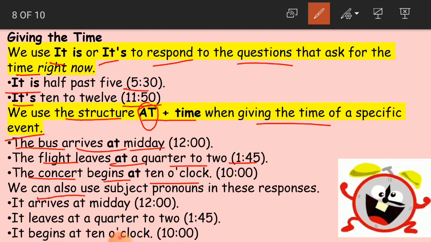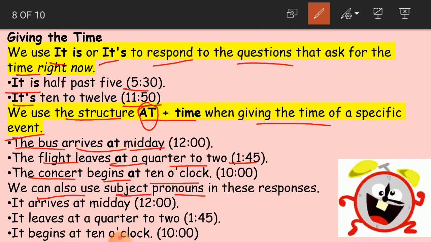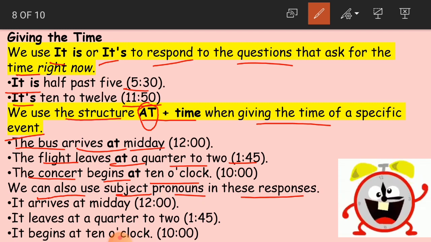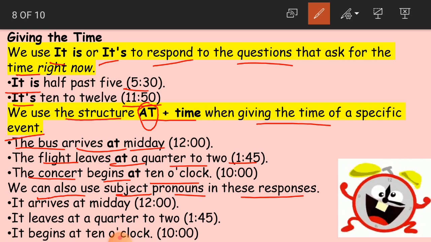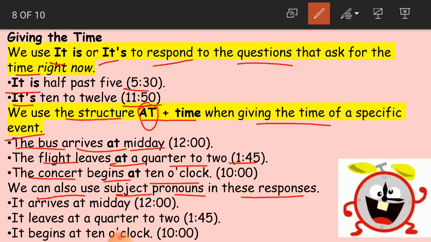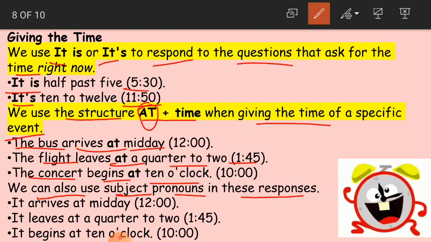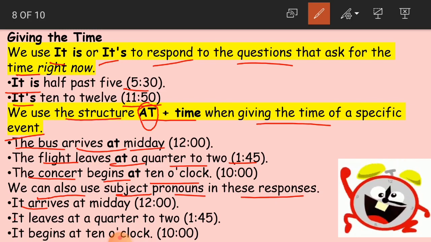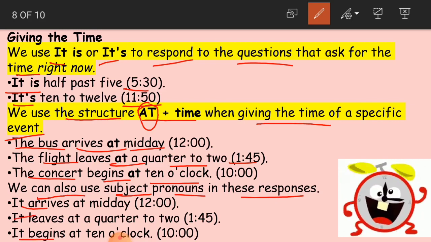Okay, so we can also use subject pronouns in these responses. Instead of saying the bus, the flight, because the listener knows what you both are talking about, both the speaker and the listener, you can also use subject pronouns like "it". It arrives at midday, it leaves, it begins.